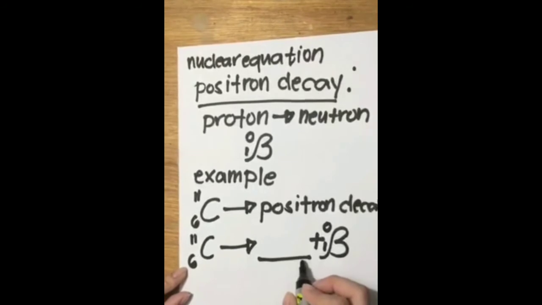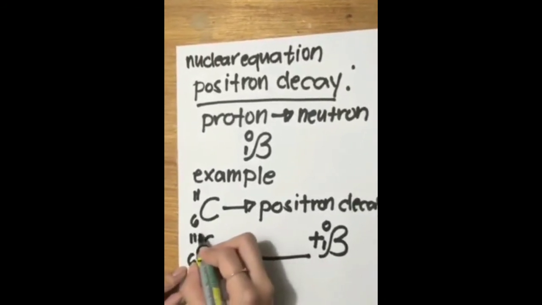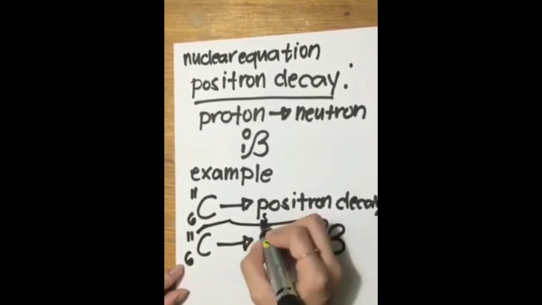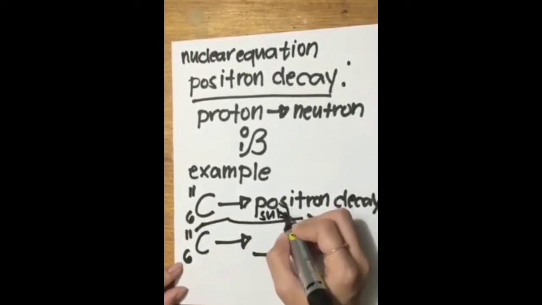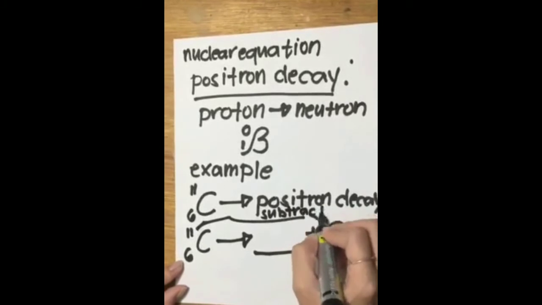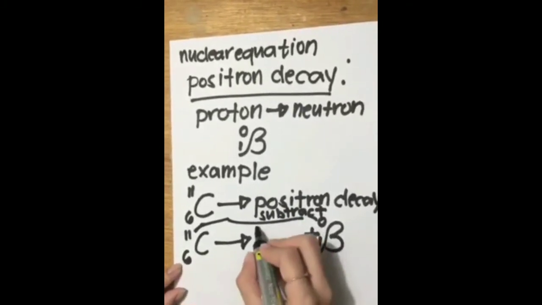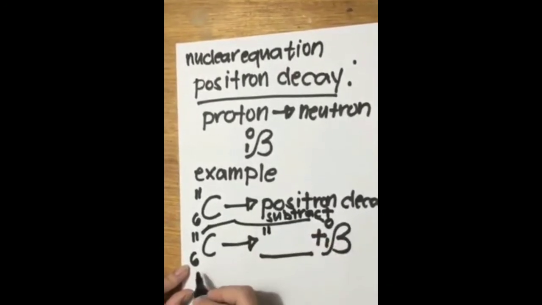In order to find the new element, we must subtract the 11 and 0, which is the atomic mass, and the answer will be 11.